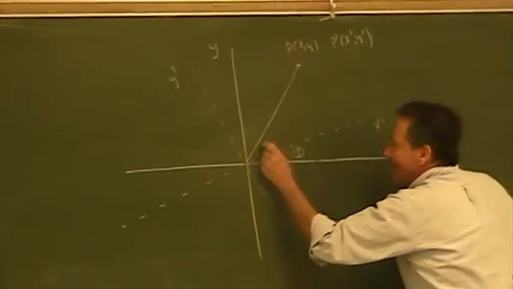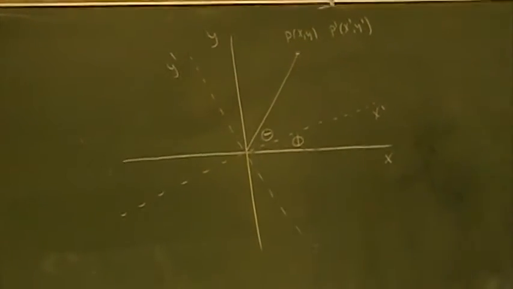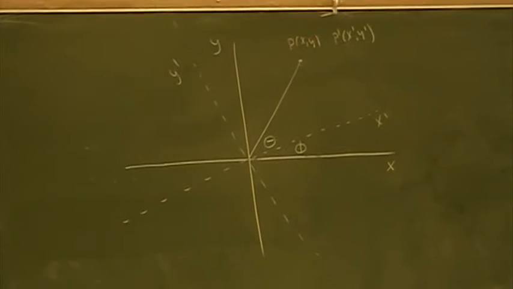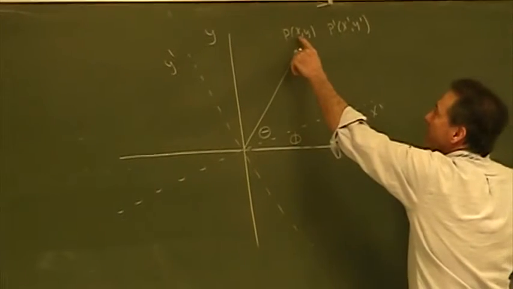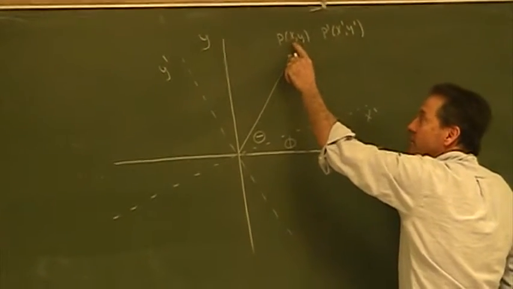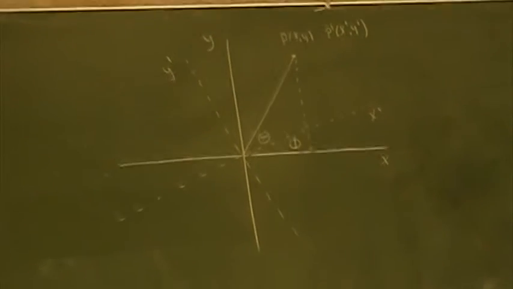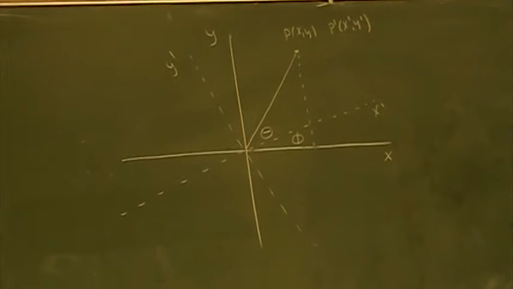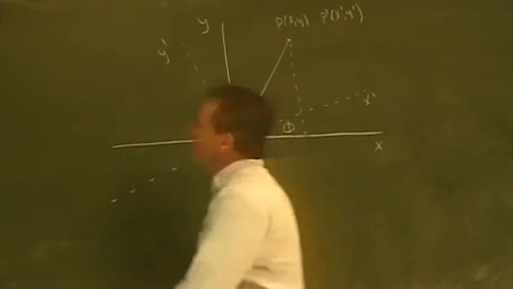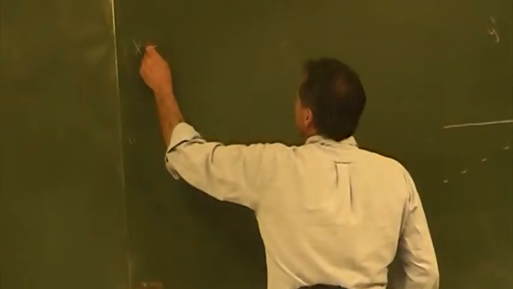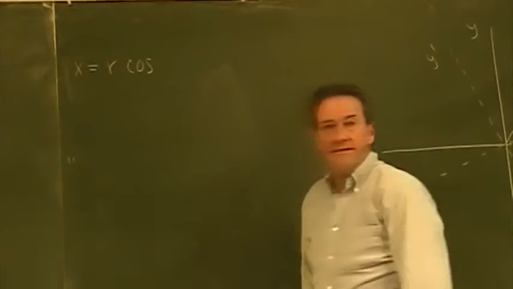So I'm going to put theta in here. This is phi, this is theta. Now, I'm going to find out what this coordinate is in terms of xy. X equals r cosine something.